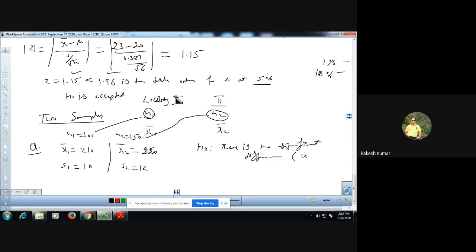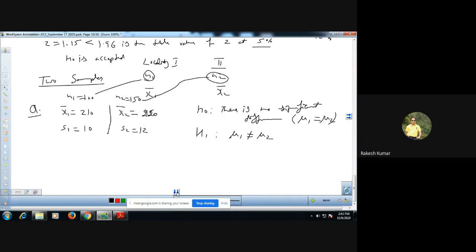So obviously it will have a population mean. So there is no significant difference between the population means of these two localities. So if H0 has been supposed, then H1 will be there. Its converse will be that there is a significant difference: either mu1 is bigger than mu2, or mu2 is bigger than mu1. So this is the question we have.